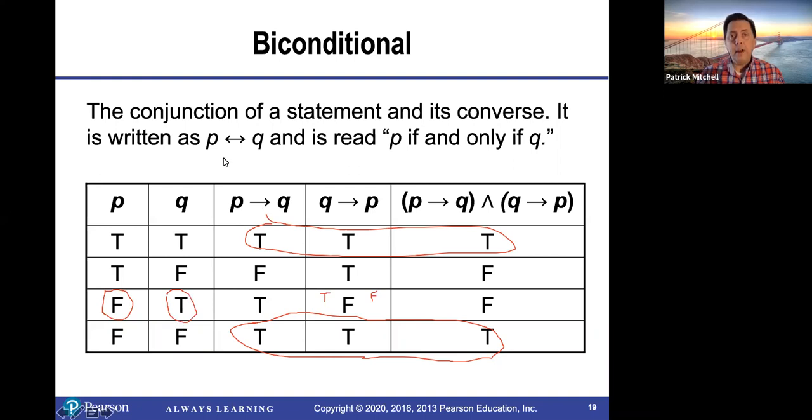All right. So, just think about what I said a minute ago. If and only if means the first thing happens whenever the second thing happens. If the first thing doesn't happen, then the second thing's not going to happen. So that's what biconditional means.